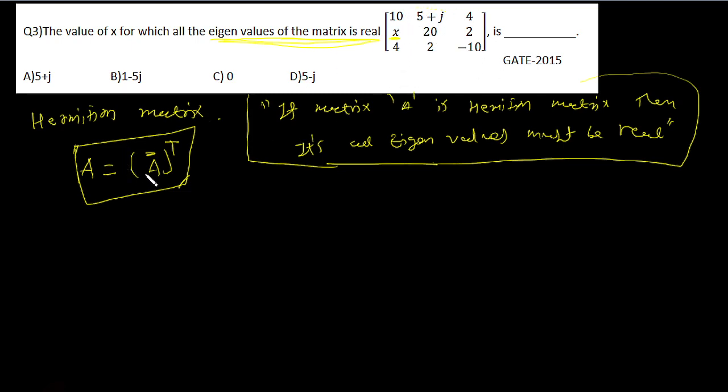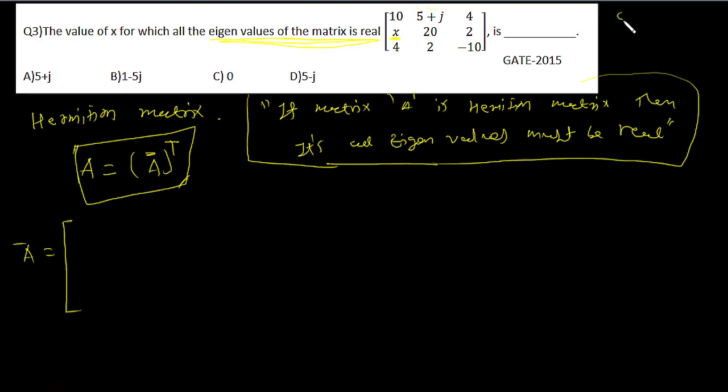So here, let's first of all find the complex conjugate of this matrix, then take the transpose and equate it with the initial matrix. So let's first take the complex conjugate. In the complex conjugate, we just simply change the sign of the imaginary part.